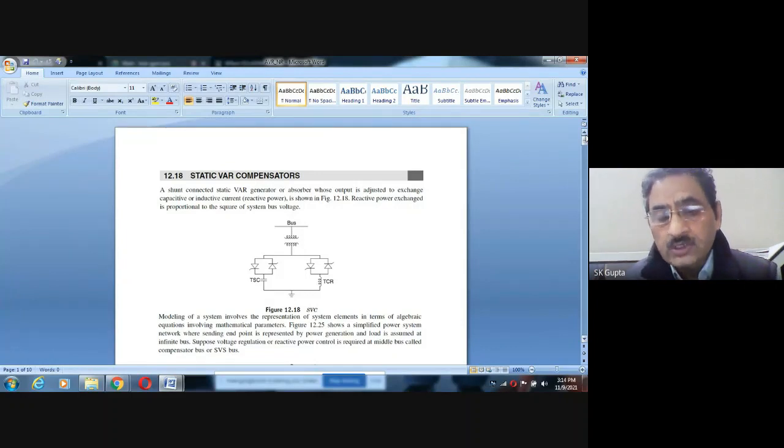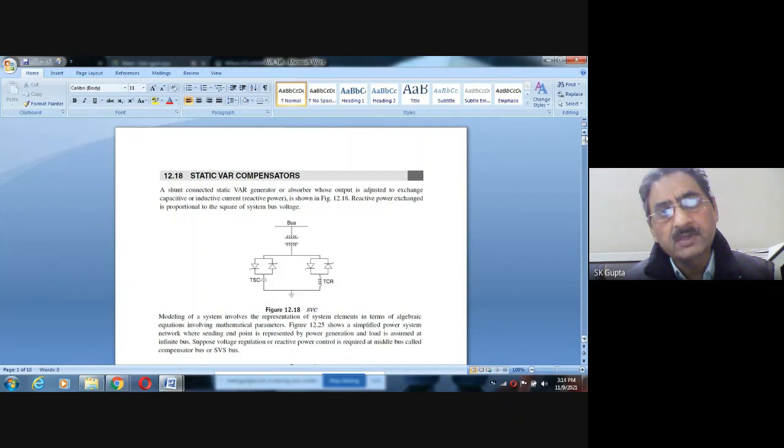But here in the generator, while performing the load flow analysis, some generators may not be able to supply, because each generator has a maximum and minimum limit of reactive power. Suppose a 100 MW generator has a limit of plus minus 20 MVAR.